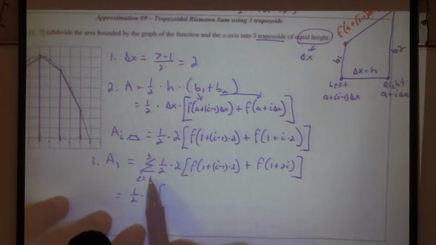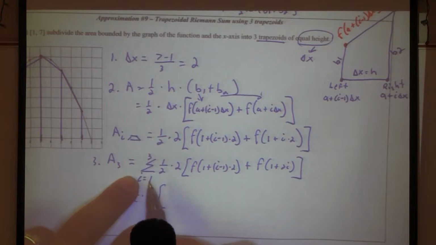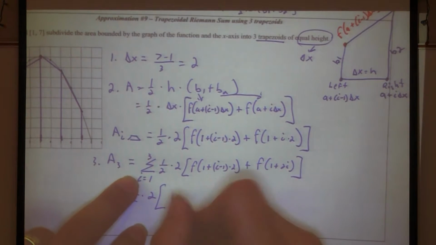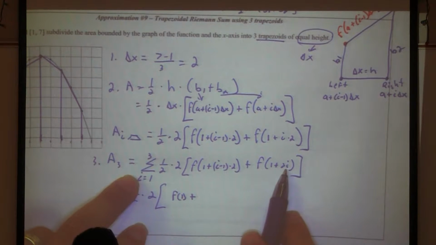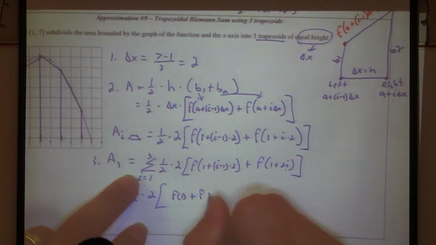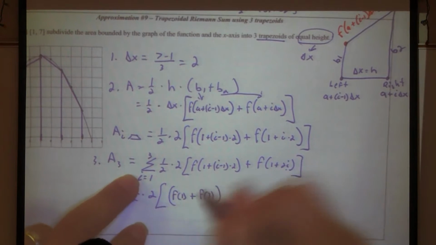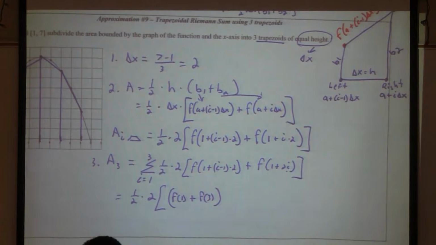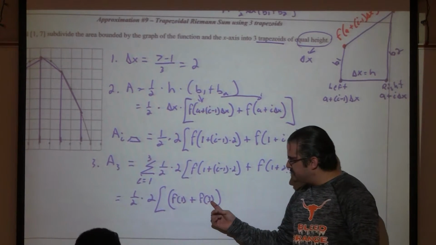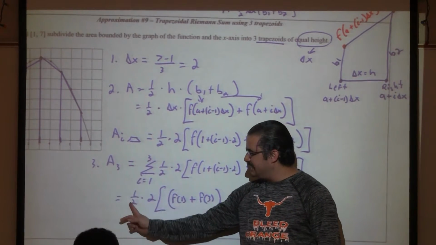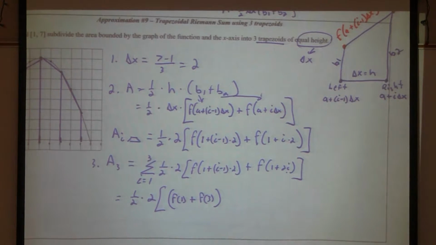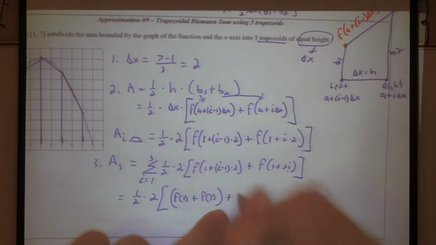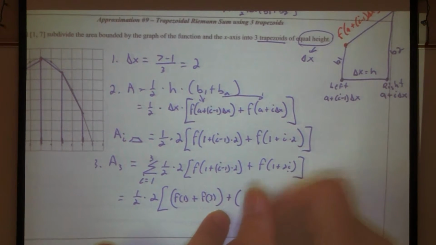Alright, so when I plug in the 1 for the first trapezoid, what would I get? f of 1 plus, put it over here also, f of 3. Now that's base 1 plus base 2, right? So it would be base 1 plus base 2 times the height times the half, right? That's one area. Now I need to do the next trapezoid. So that would be plus, what's the next one going to be?